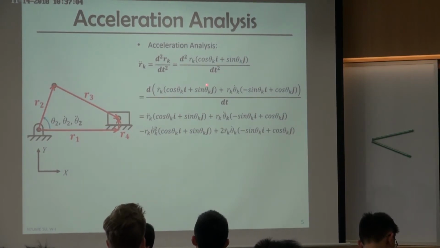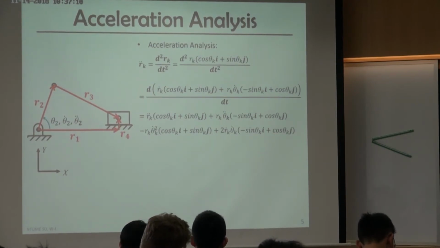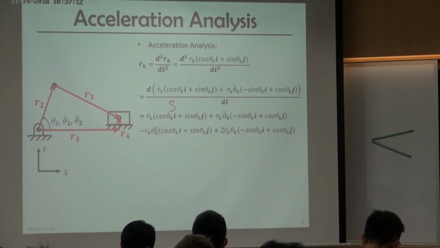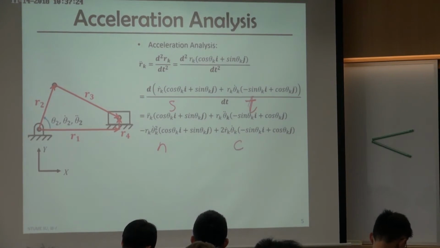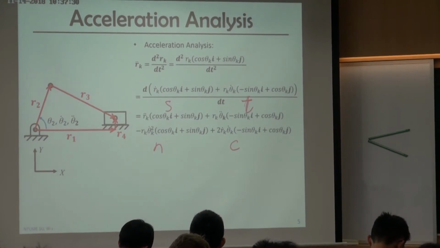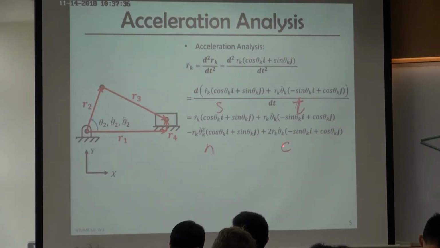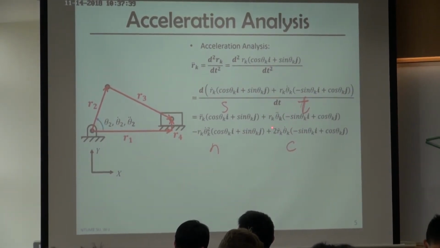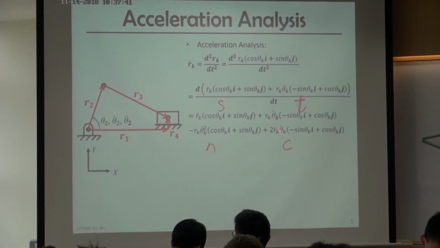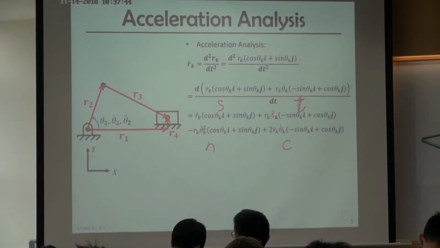If both r and theta are differentiable, then you will get four terms. This one is sliding, there's the tangent, this one is normal or centripetal, and this one is the Coriolis. But sometimes theta might be a constant. If theta is constant, then the tangent and Coriolis terms will be 0, because they involve the time derivative of theta once or twice.